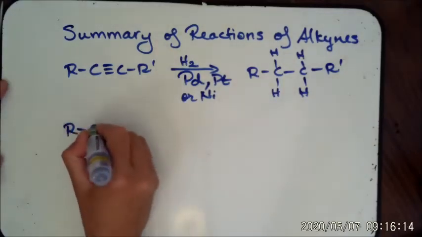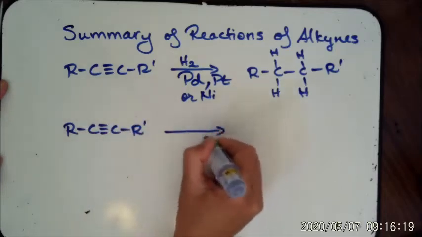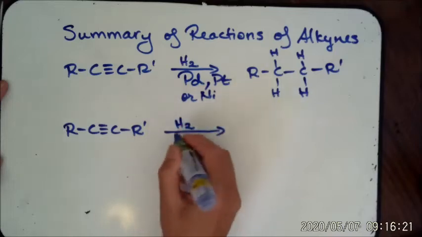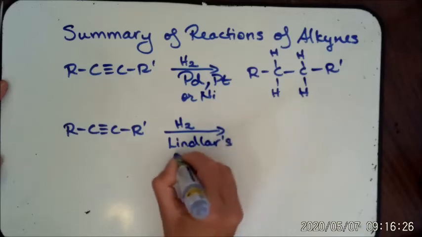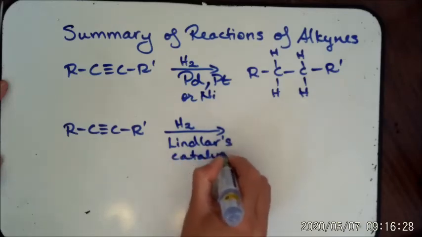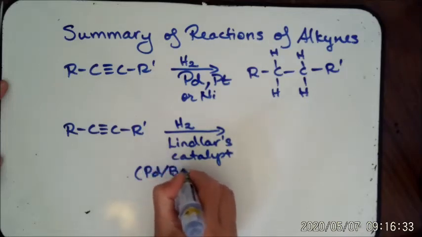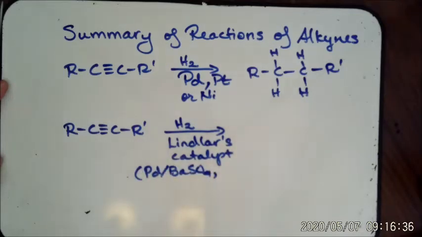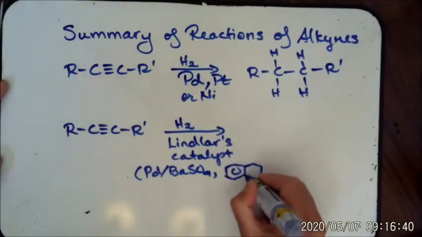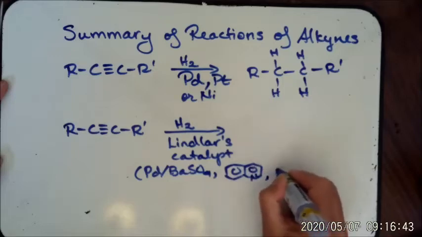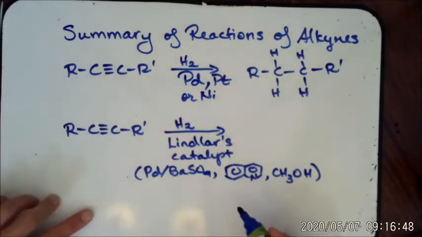If you want to keep this just to an alkene, then if you use Lindlar's catalyst, okay, remember Lindlar's catalyst was palladium, barium sulfate, quinoline, and methanol. Okay, so it's a poison catalyst.